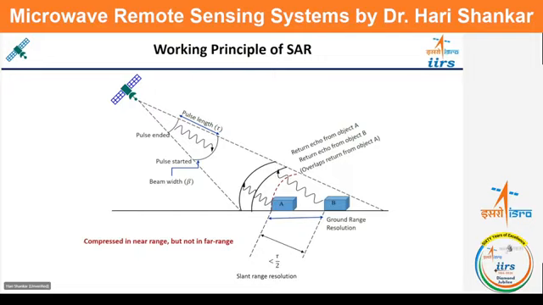Then after that gap, again it is sending the signal, that is, the pulse. Then again it stops. During the stop period, it is receiving. Then again it is transmitting the pulse. Then again it is stopping, and during that stop period, again it is receiving the signals. So that way it is acting as a receiver as well as a transmitter. So you can say the pulse radar is suitable for microwave remote sensing. Okay, so both purposes are solved.